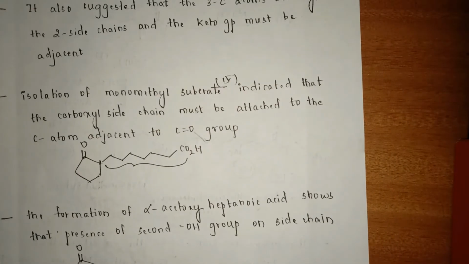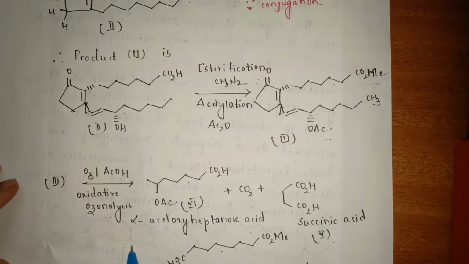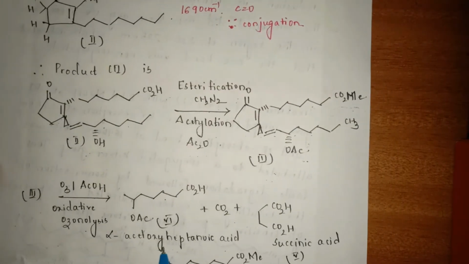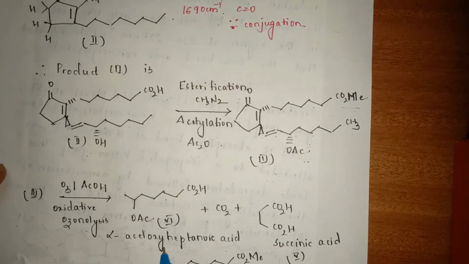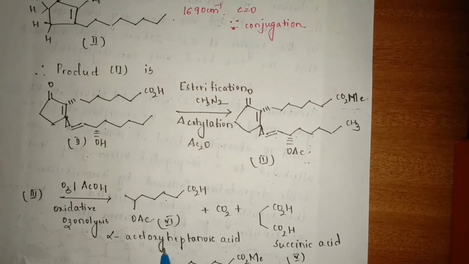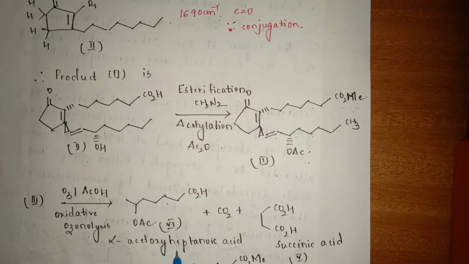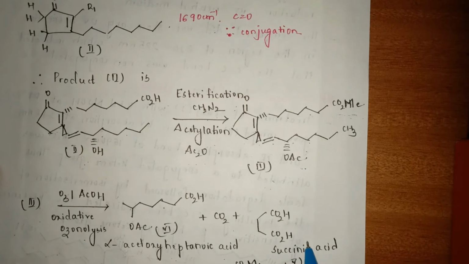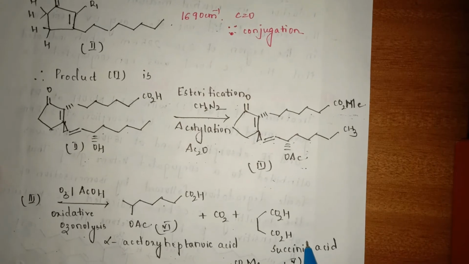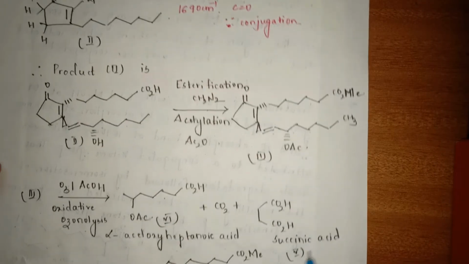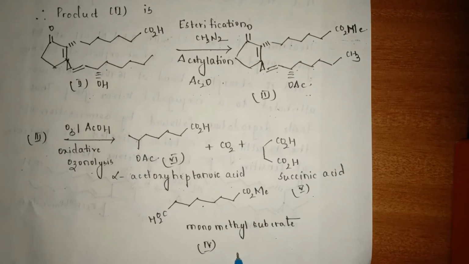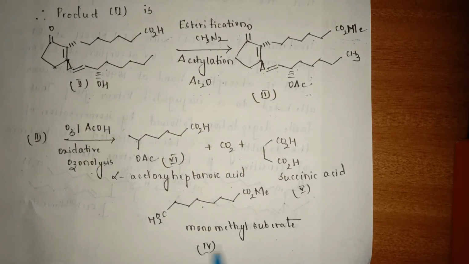So basically, alpha acetoxy heptanoic acid isolation gave the OH at the 15th position. Succinic acid said that there is a presence of CH2 in the long chain system. The monomethyl suberate isolation showed that the carboxylic group and the carbonyl carbon system are in the same long chain.